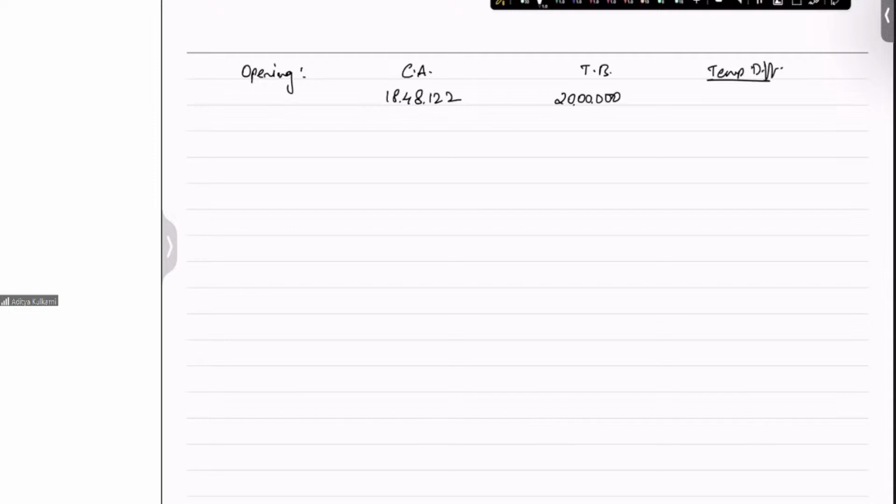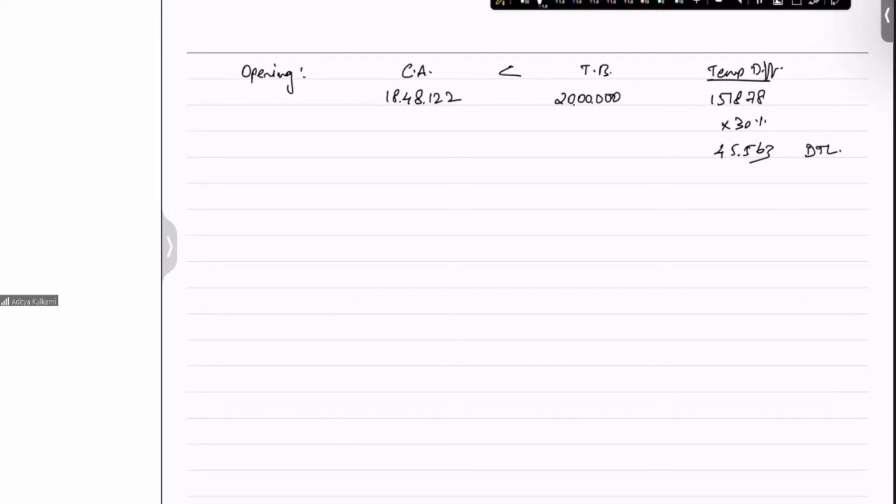So what is the difference? 18,48,000 minus 20 lakhs, 1,51,878, multiplied by 30%. This gives you 45,563. Carrying amount is lower than the tax base. So what I'm going to recognize is a deferred tax liability.